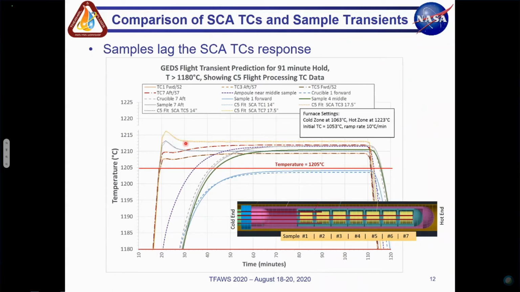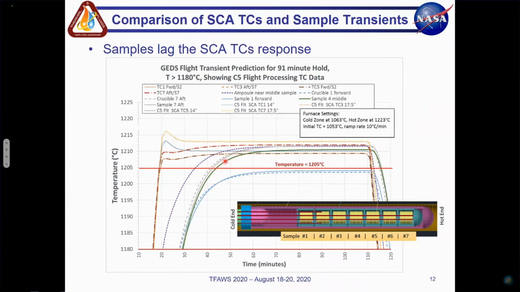So slide 12 shows the lag in sample temperature compared to the furnace and the SACA TCs. This data was extracted from the thermal mass model. You can see the outside curve is the furnace TCs, and all these inner curves are from the samples, depending on which sample it is.